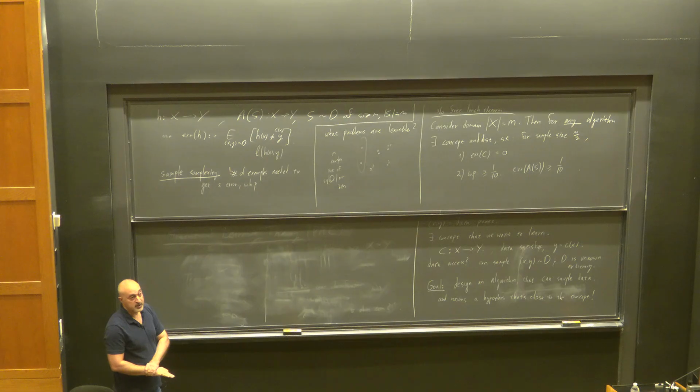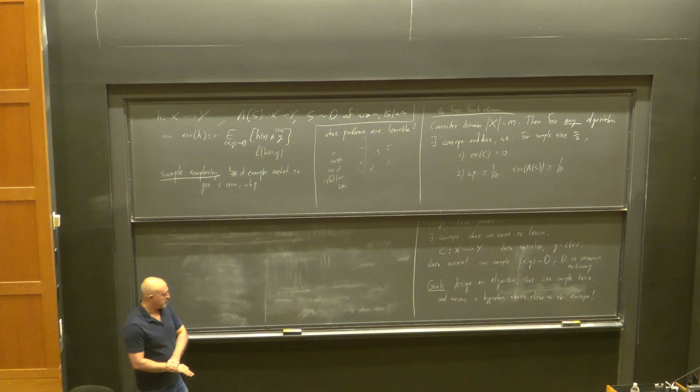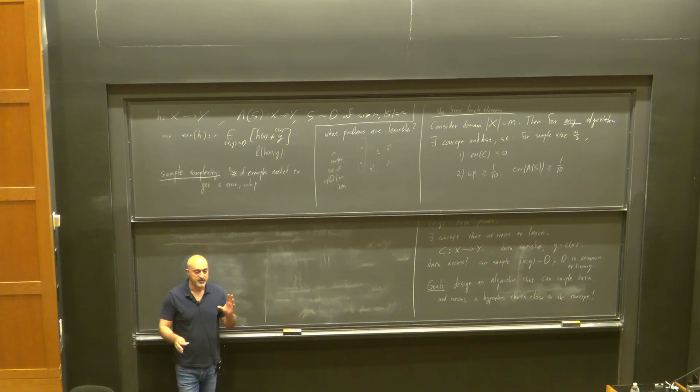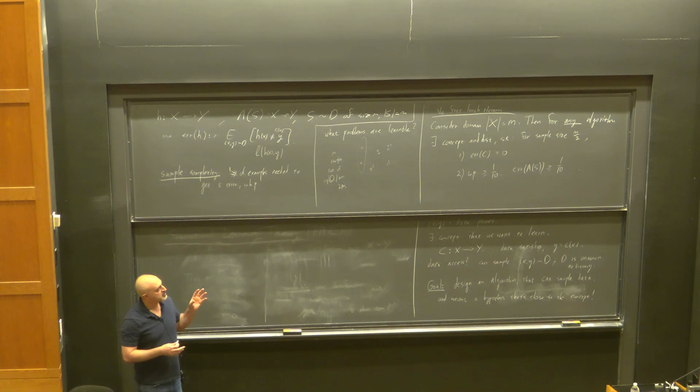It could be a computational problem that is NP-hard, and once you solve it on the first example, you immediately know what the label of every other instance is going to be. So you could have difficulties arising from different sources, not necessarily from the statistical source over here. But this is a statistical lower bound. It's actually a very simple lower bound.